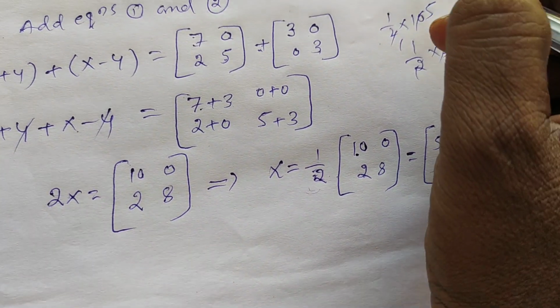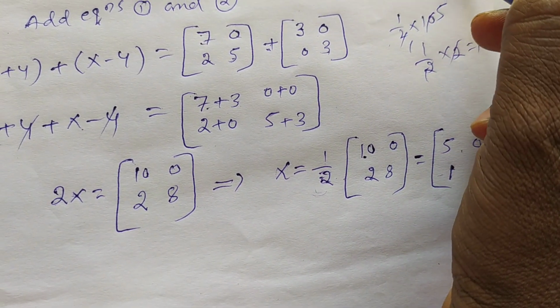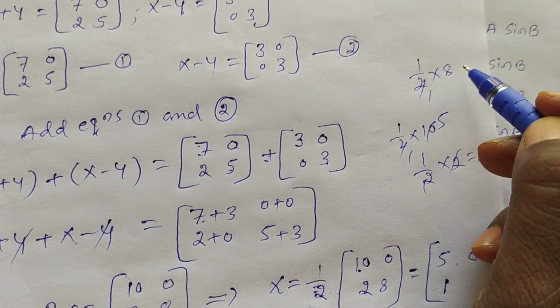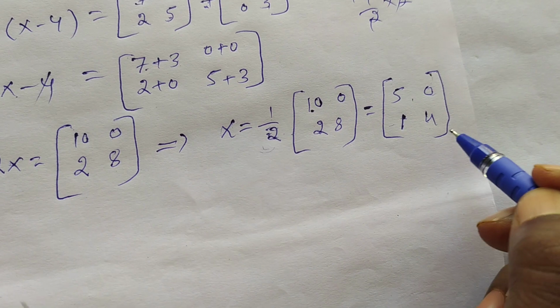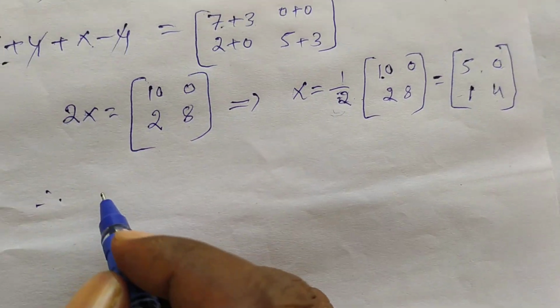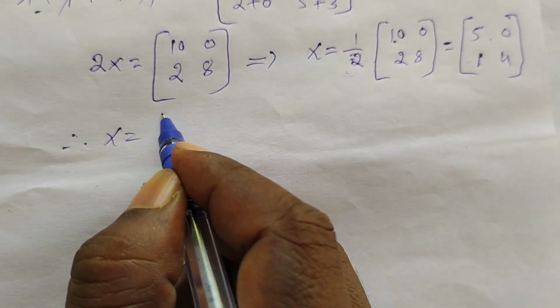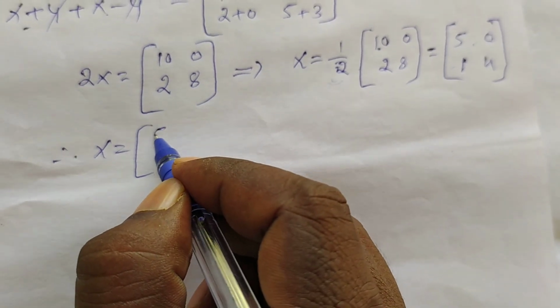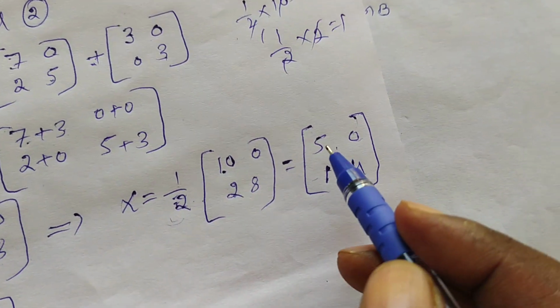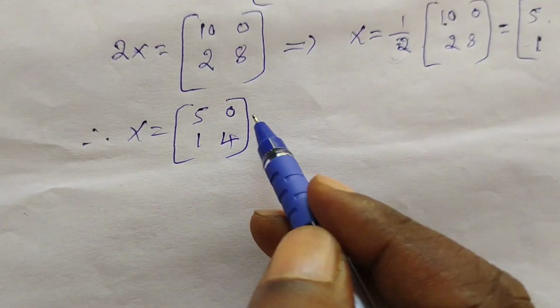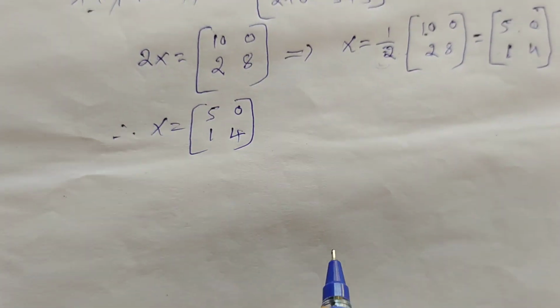And 1 by 2 into 8, 2 fours are 8, that is 4. Therefore, the value of X is 5014. This is the value of X.